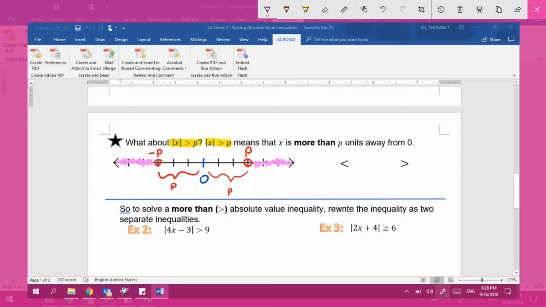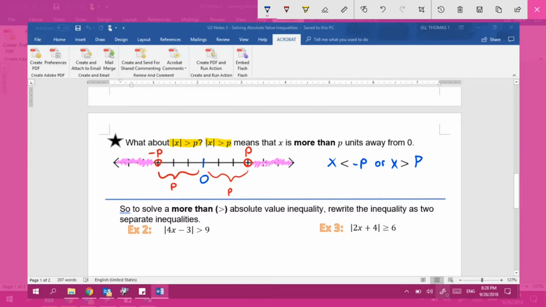So let's write an inequality that shows this. This time we can see that my answers are going to be x is less than negative p, or my answers are x is greater than positive p.